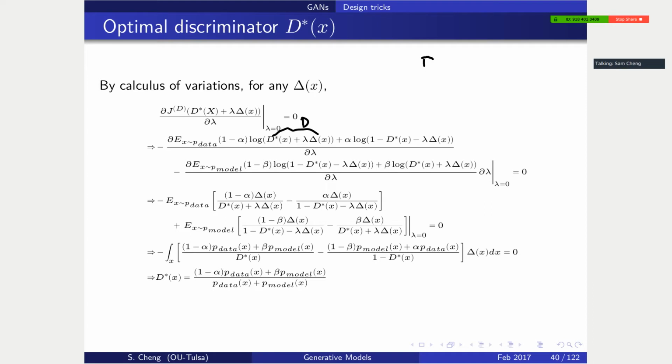Because I know it's true data, for D of x here I will have some value. Let's say x is true data. For the class classified as true data the score is D of x.